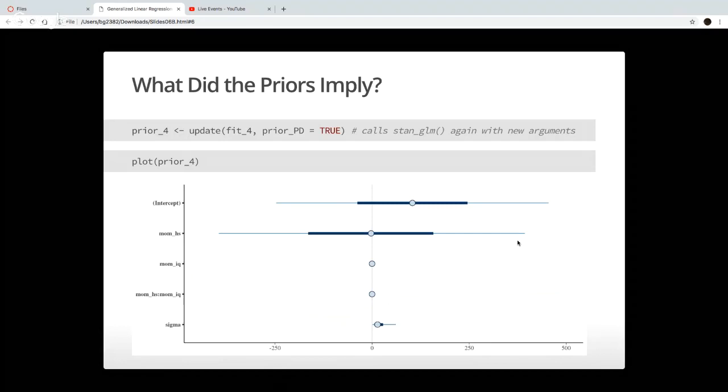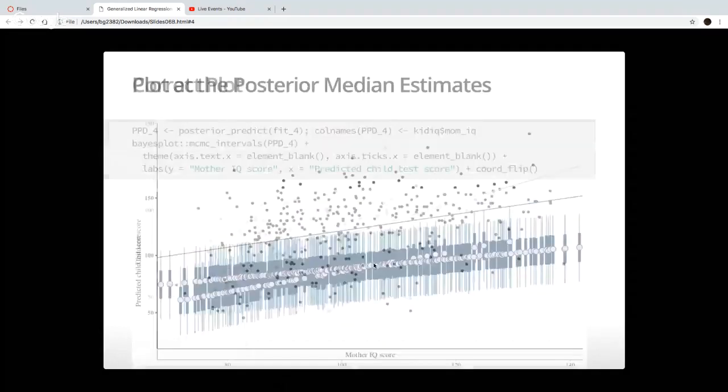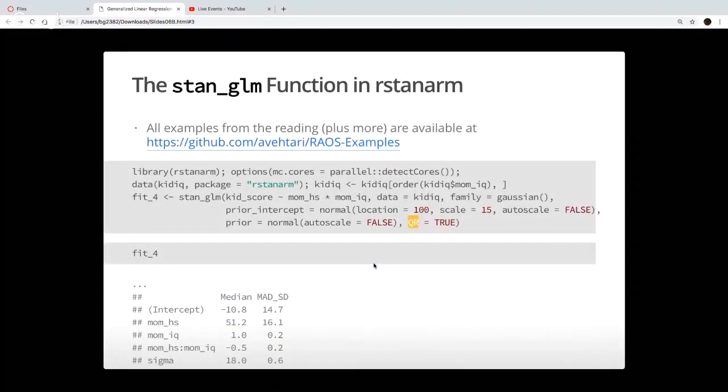Should we be worried that there's no kind of uncertainty around our prior? There is some. It's just you can't see it. It's less than the width of this dot. But in this situation, I actually think, before seeing the data, is there a 1-to-1 relationship between the mother's IQ and the baby's?